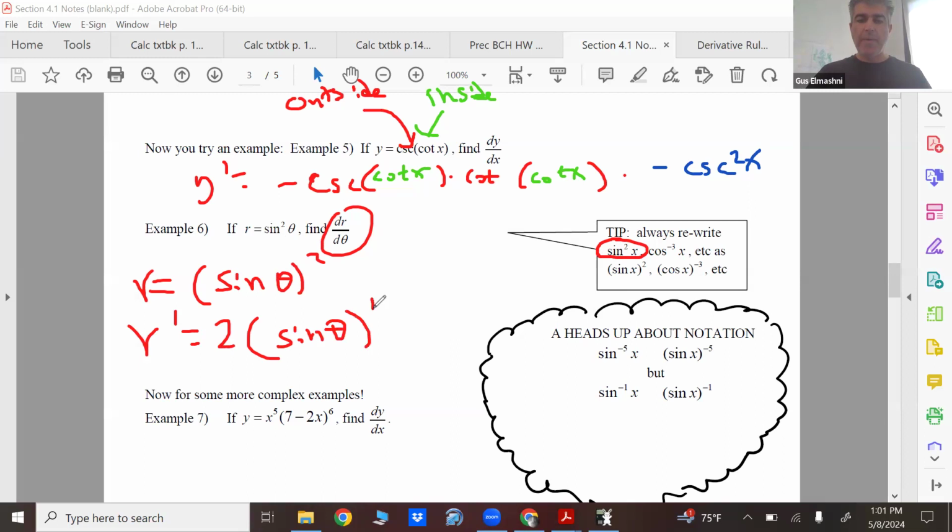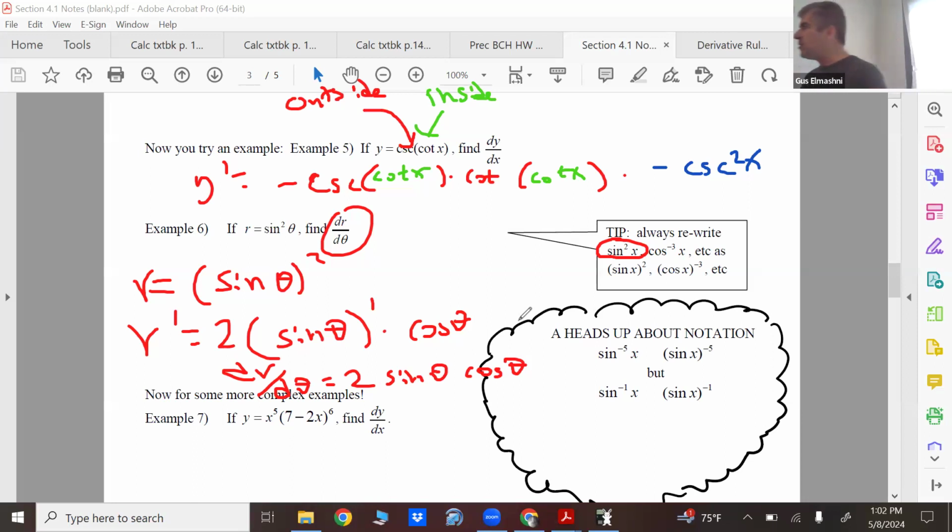That's raised to the 1 power times the derivative of sine, which is cosine theta. So altogether, dr over d theta equals 2 sine theta cos theta. Just make sure you're comfortable with that notation.